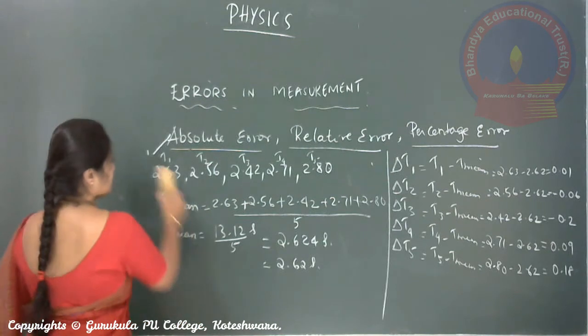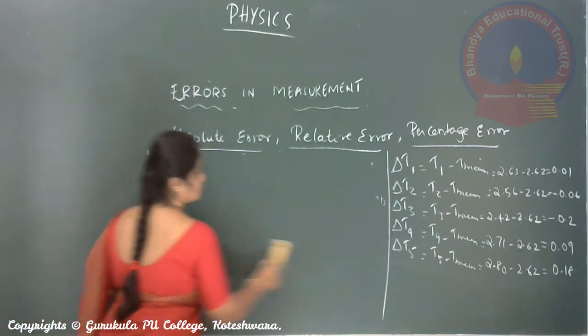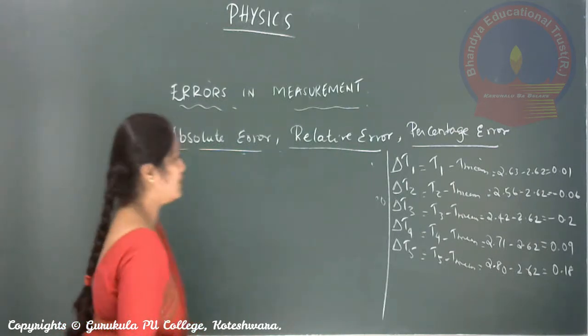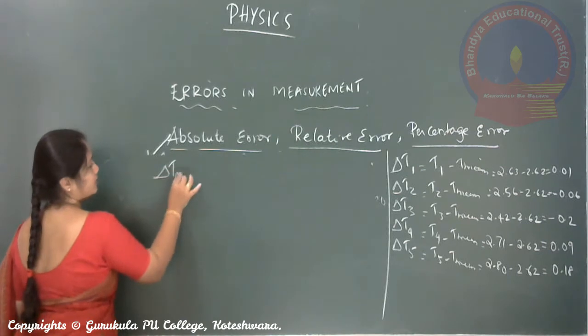Then next I will take a mean of that. So I will have delta T of mean.